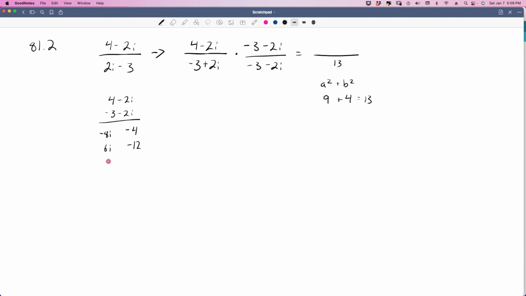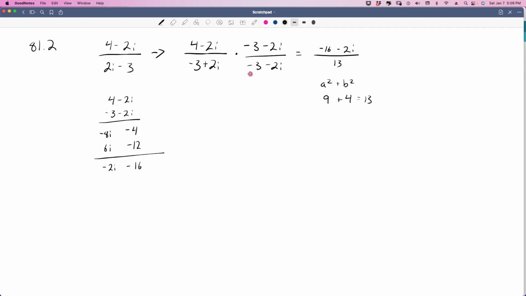So we have negative 2i minus 16 for the numerator. So we have to write that in the right format. So the real number comes first, that's negative 16 minus 2i.